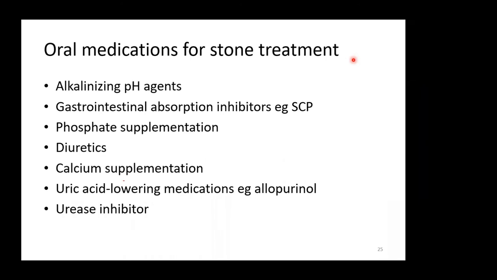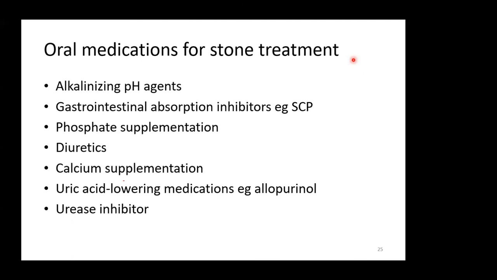Now, oral medications for stone treatment include alkalinization of the urine. You have gastrointestinal absorption inhibitors. You also have phosphate supplements, diuretics like thiazide we've already talked about, calcium supplementation, and for uric acid stones you can use allopurinol.